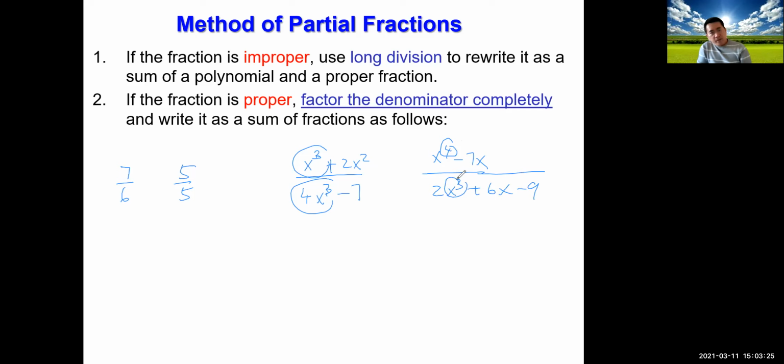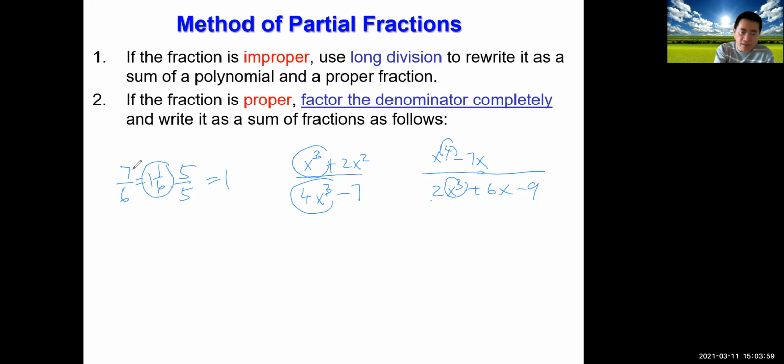When you have improper fractions, we want to simplify, like how 7 over 6 is the same as 1 and 1/6, right? 5 over 5 is of course just 1. So likewise, when the degree on top is bigger than or equal to the degree on the bottom, you have an improper fraction, and to deal with that you're going to use long division.